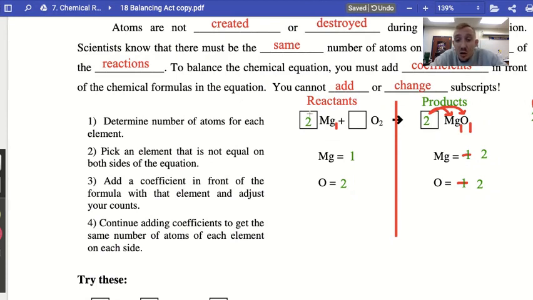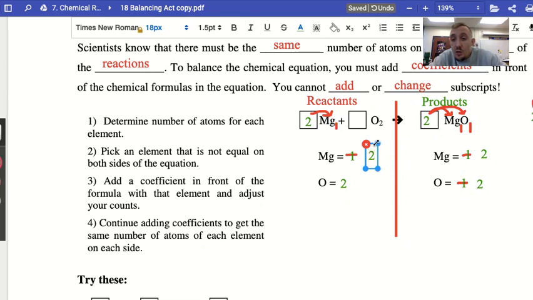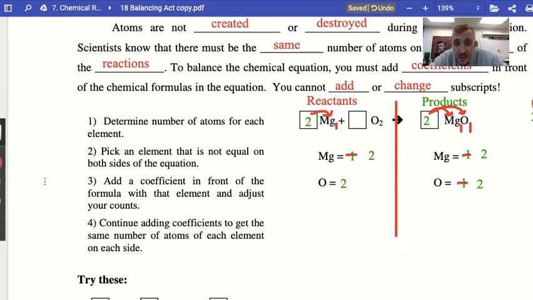So 2 times that 1 is also going to get me 2. And so you balance this, and so you add a coefficient in front of the formula with that element and adjust your count. So just like we did, okay? And you continue adding coefficients to get the same number of atoms on each side.